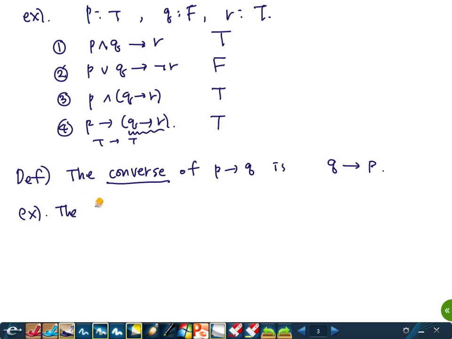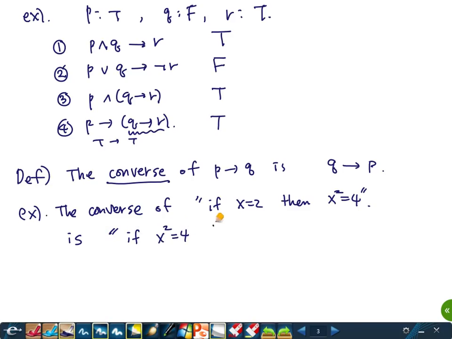The converse of the statement, say, if x equals 2, then x squared equals 4, is what? You just switch these two: if x squared equals 4, then x equals 2.